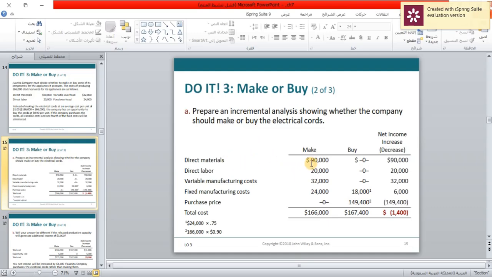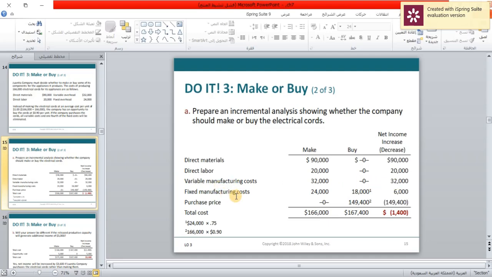Direct material: make 90,000, buy 0, so it increases net income if we buy from outside. Direct labor, 20,000 positive. Variable manufacturing cost, positive.